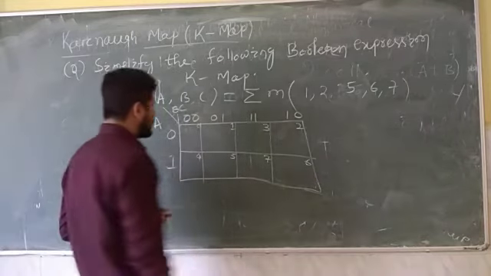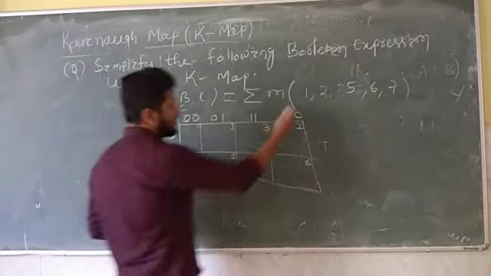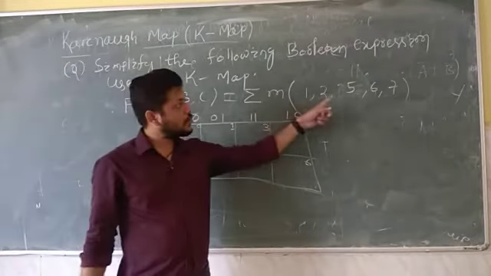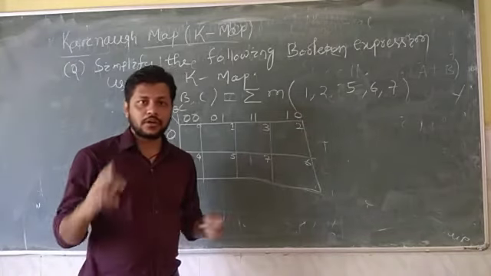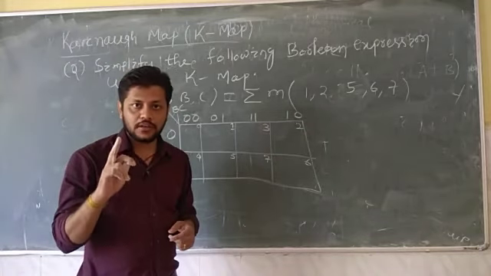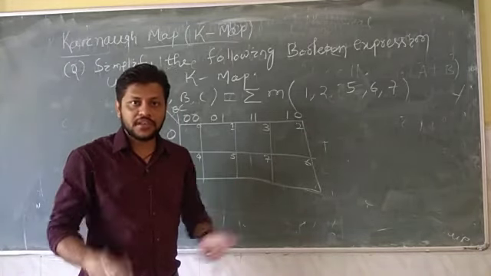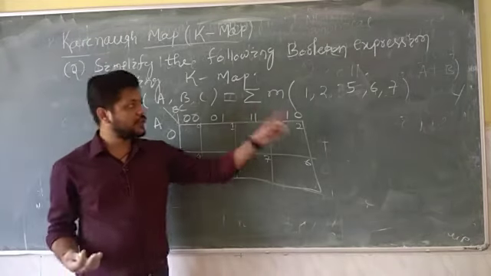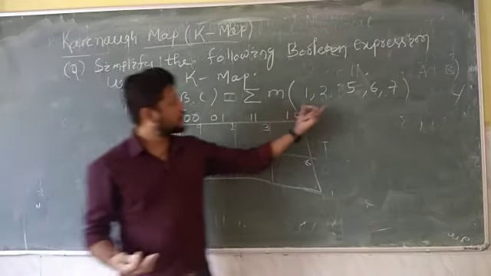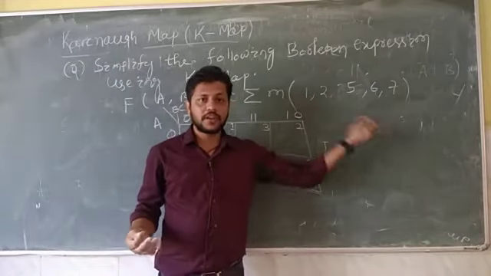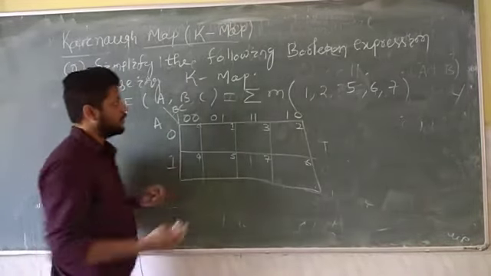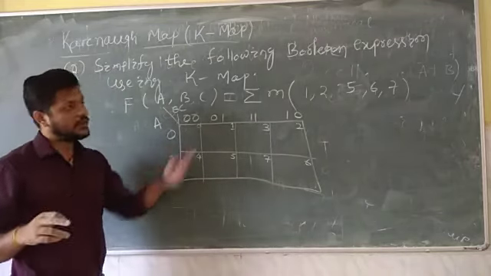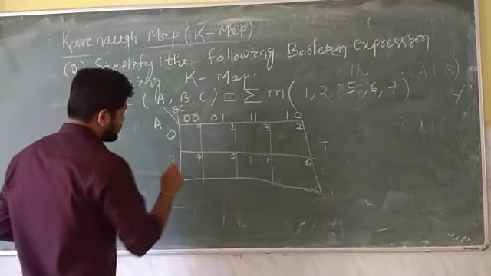Then how to write the expression? Which min terms are present? The min terms which are present, 1, 2, 5, 6, 7, we have to take as 1. The min terms which are absent, we have to take as 0. Because this is in the form of sum of product, the min terms present inside the function, we have to take as 1.